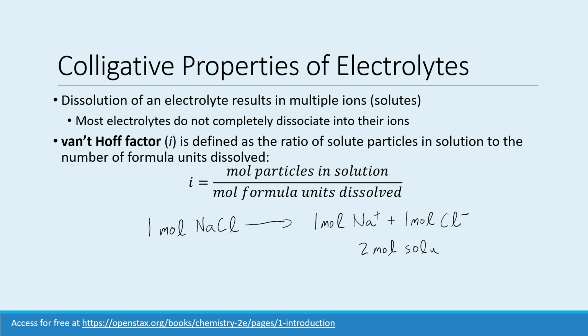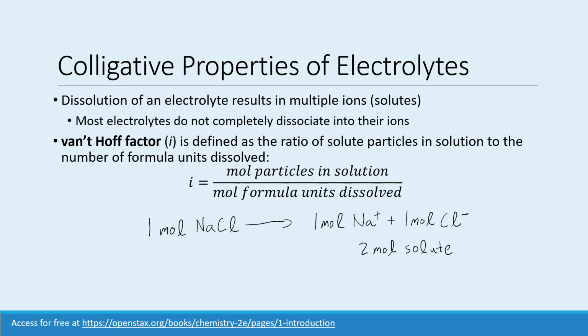And so now you have 2 moles overall of your solute. Remember, our colligative properties, all they care about is the amount of solute that we have. So when electrolytes dissociate, you end up with more solutes than you would have if they did not.